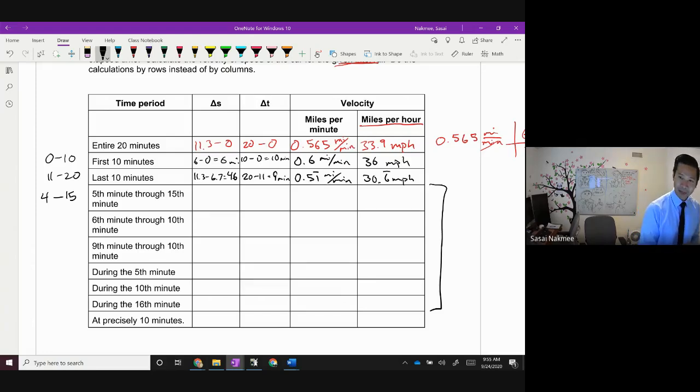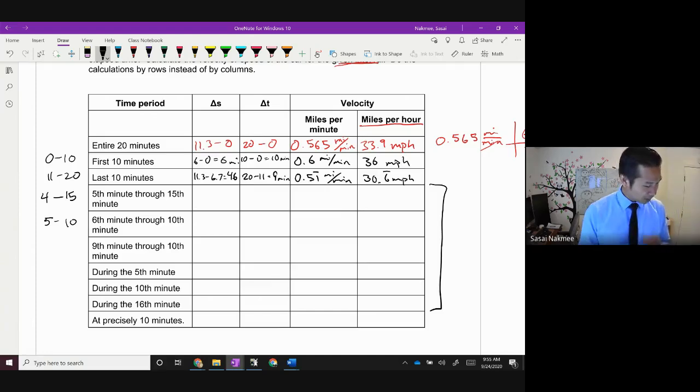And then following that trend, what is the time for the 6th minute through the 10th minute? What would that be? What's the 6th minute in this one to the 10th minute? And that's going to be the minute 5 through 10. Yeah. So go through that and calculate the miles per hour for me. For that should take you about 5 minutes, maybe 6 minutes to finish all these.